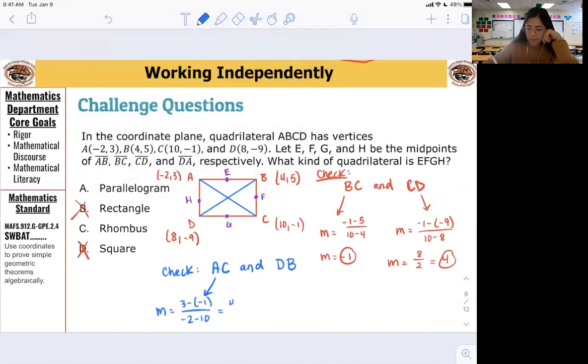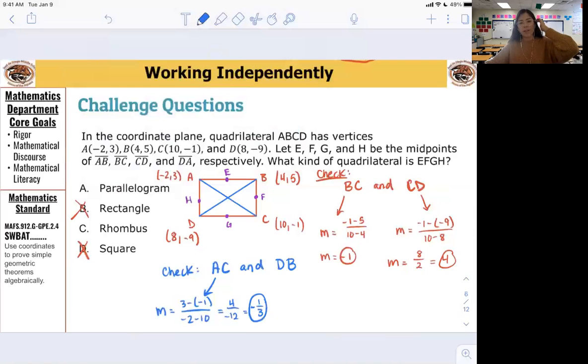Four over -2 minus 10. Good, -12. What is that simplified to? Four over -12 simplifies to -1 over 3.